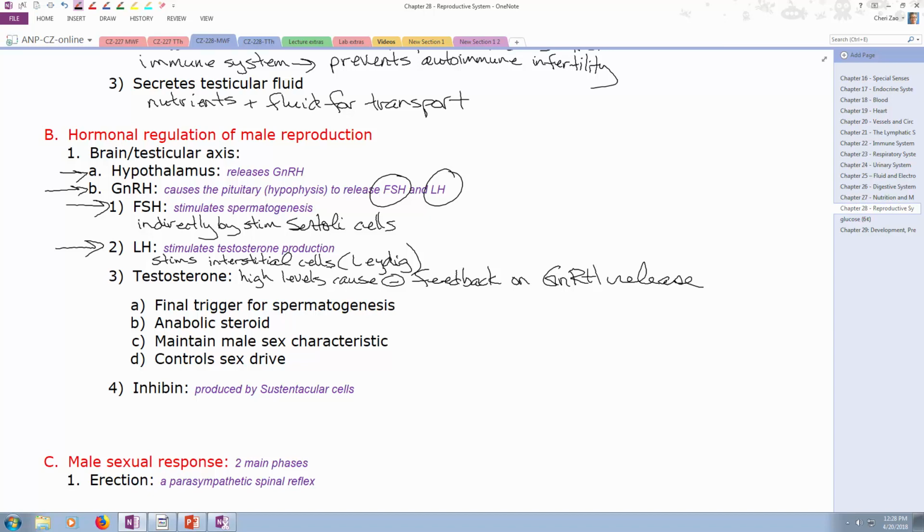So what this also should tell you is that men do have a little bit of a fluctuation of their testosterone levels naturally, correct? When more than enough testosterone is being made, then GnRH is going to go down, FSH and LH are going to go down, and then when that testosterone level reaches what I call low enough level to no longer have negative feedback on GnRH, GnRH will be released, and then testosterone will be released, and all that kind of stuff goes on.